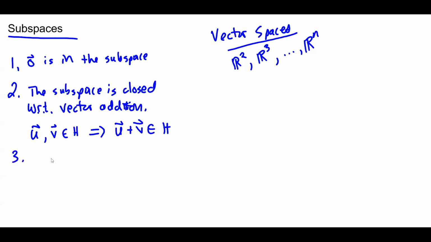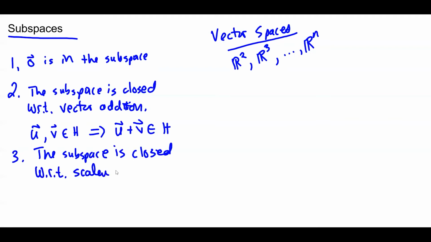And the same thing is true for scalar multiplication. So we'll say the subspace is closed with respect to scalar multiplication. So what does it mean to be closed with scalar multiplication?